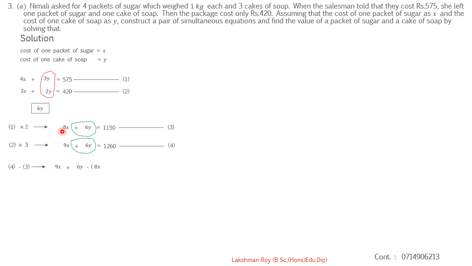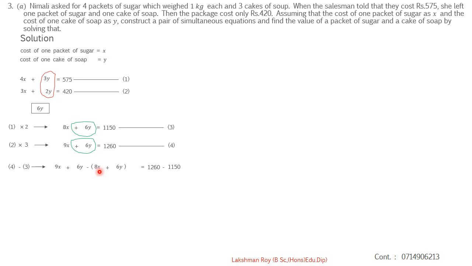So subtract, use a bracket, then 8x, then plus, then 6y, right? Then close the bracket. So that is the left hand side of the two equations, right? Then on the right side, I subtract the third one from the fourth equation. So here the fourth equation 1260, you have to subtract 1150, right?